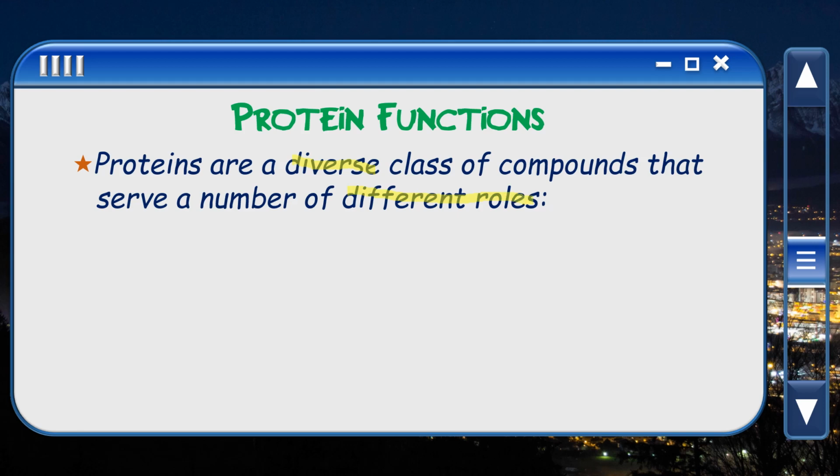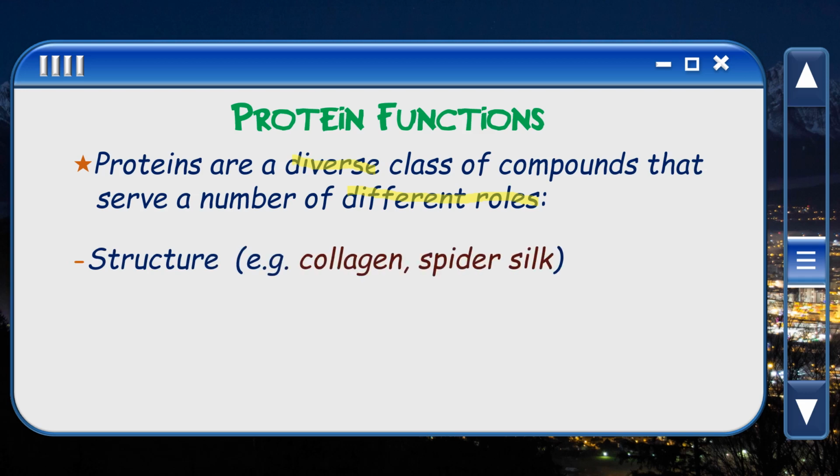We have very many classes of proteins, and they are performing different roles. So we want to see those roles that are performed by the proteins. The first one is structure. They form structures. For example, we have collagen and spider silk. All those ones are structural proteins.